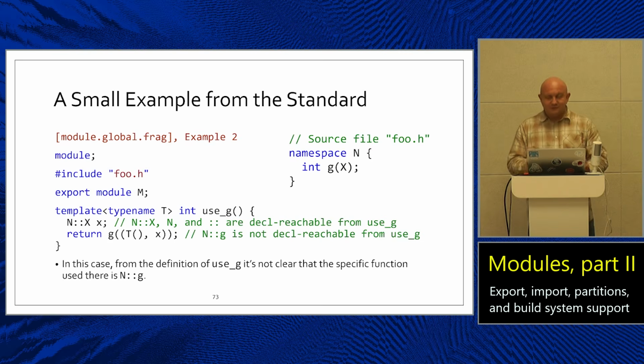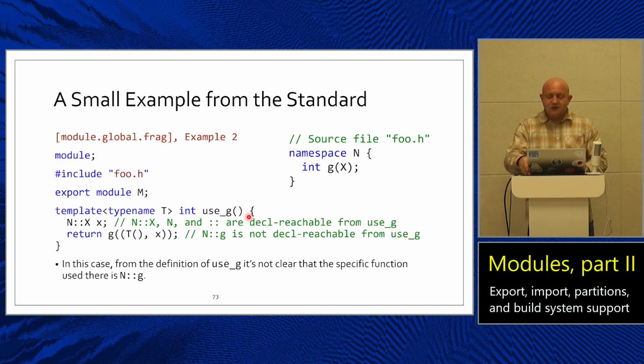And let me show you an example. This is straight from the standard itself. Here we have a module with a global fragment that includes foo.h. And inside the module, we define a template function use_g.